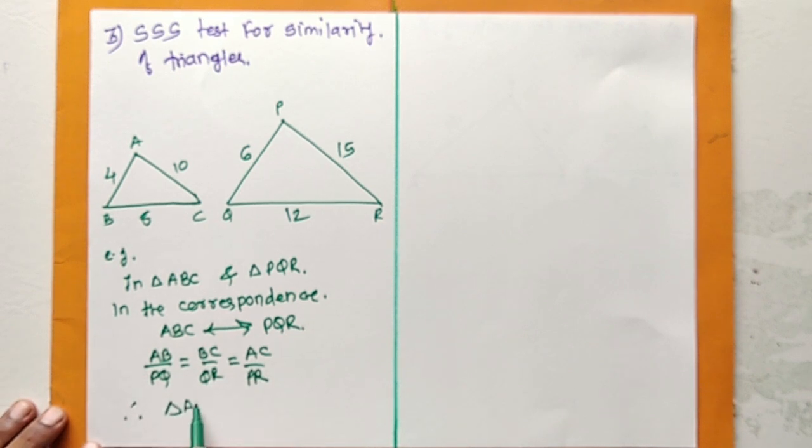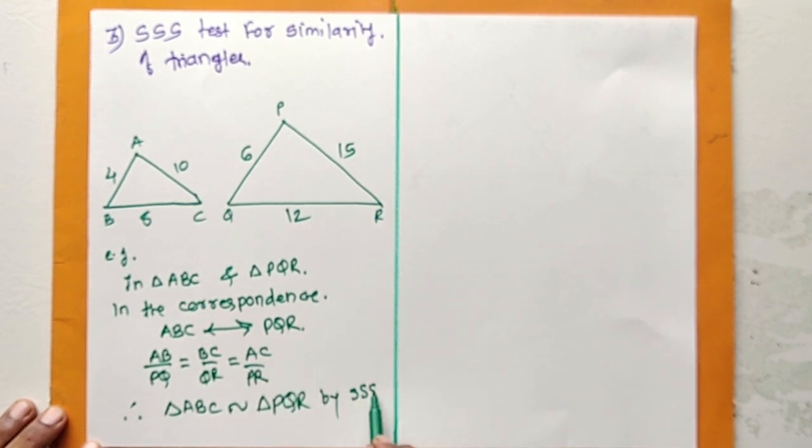Therefore, triangle ABC is similar to triangle PQR by the SSS test for similarity.